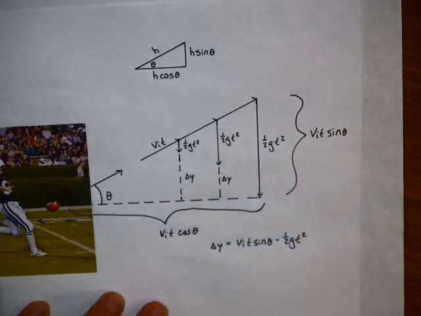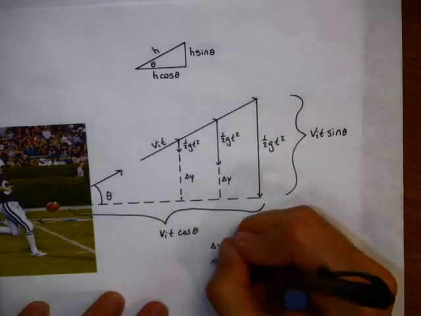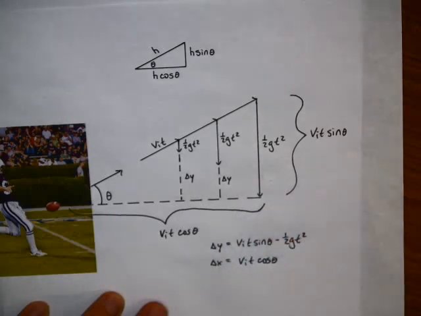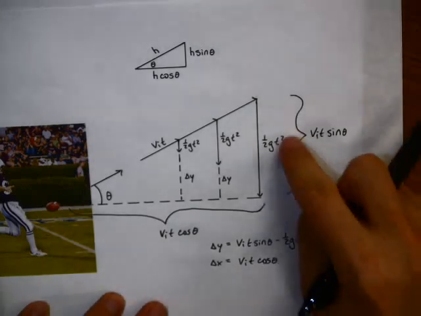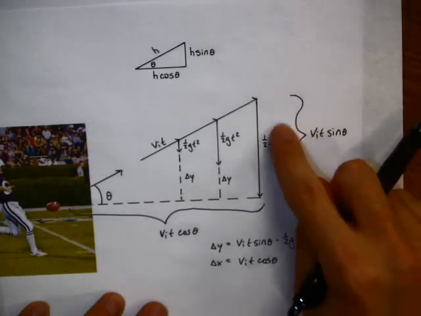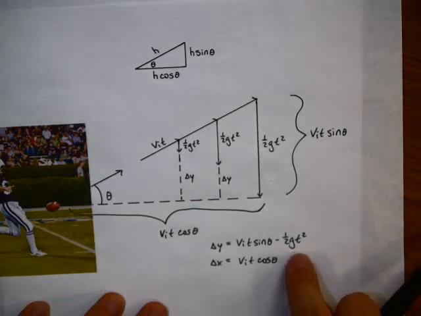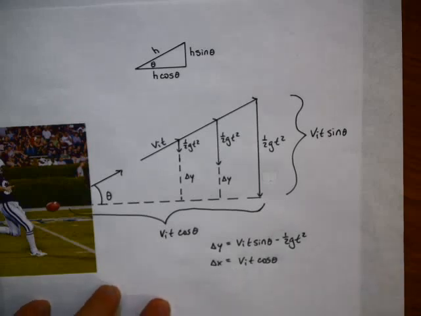Stop and think about that for a minute. And delta x is just VIt cosine theta. These are two equations that a lot of people just memorize, but I think if you draw the picture and base it on the picture, it's going to be easier to remember these and more meaningful than just trying to memorize these terms and not get them mixed up.